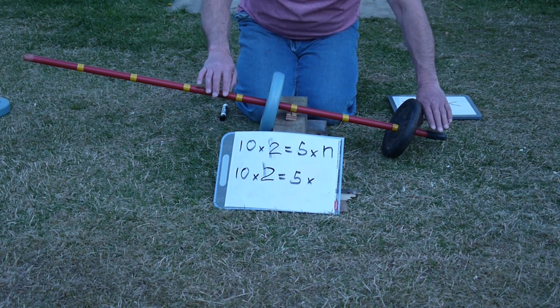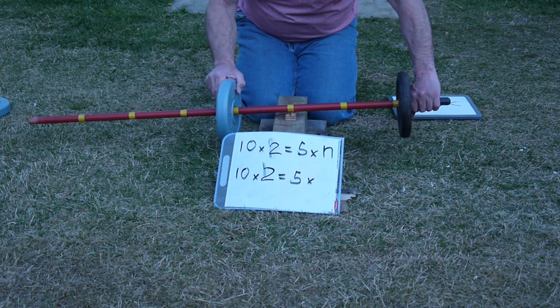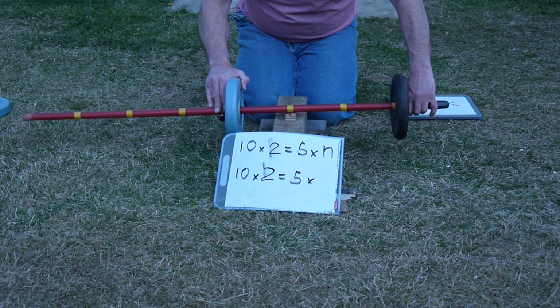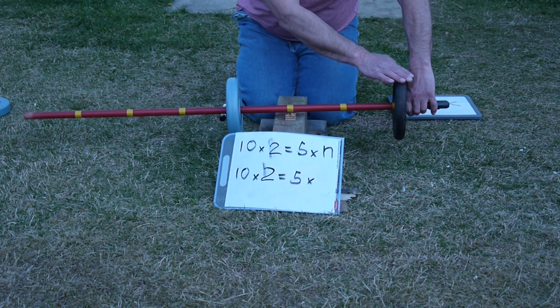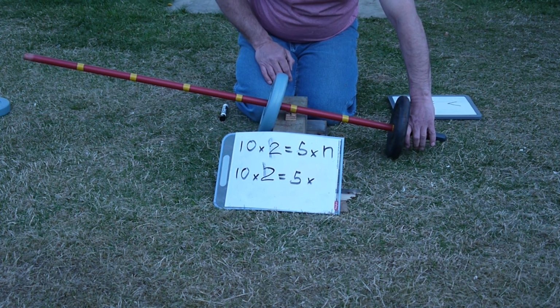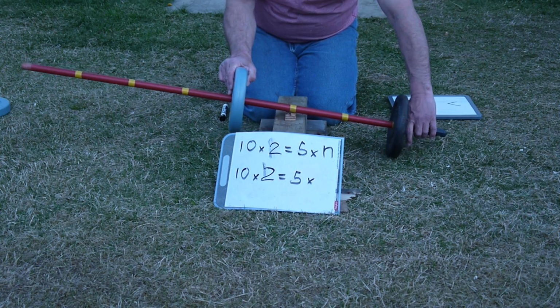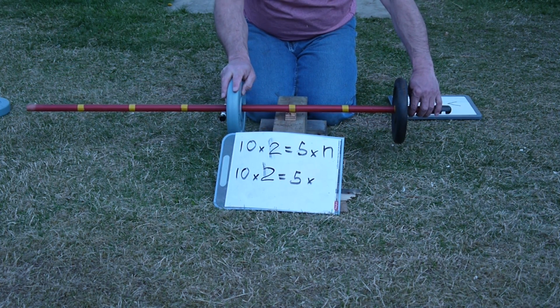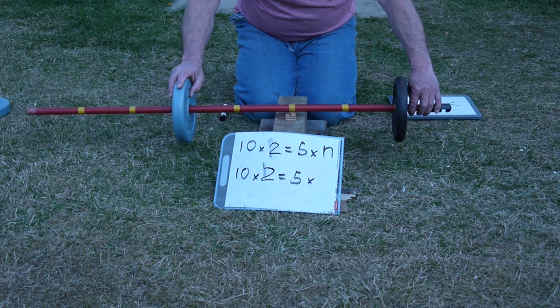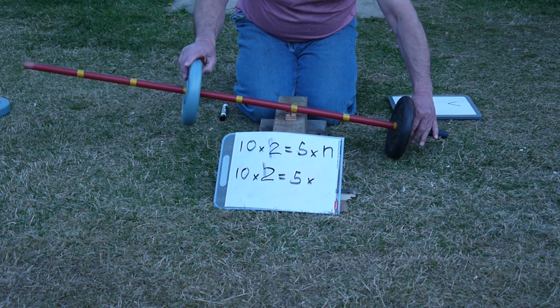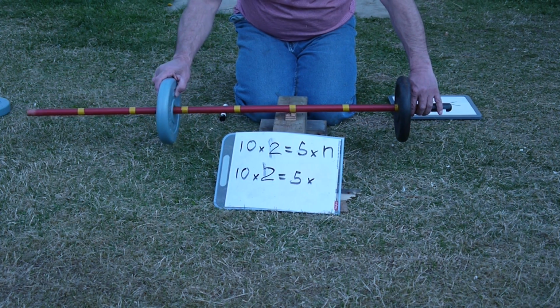Let's try some numbers. There's my 20 on here. I'm going to let go. No. 1 times 5, too low. 2 times 5, no, too low.